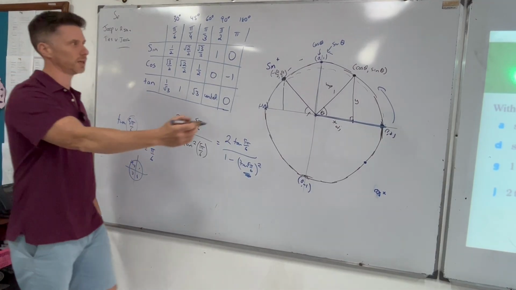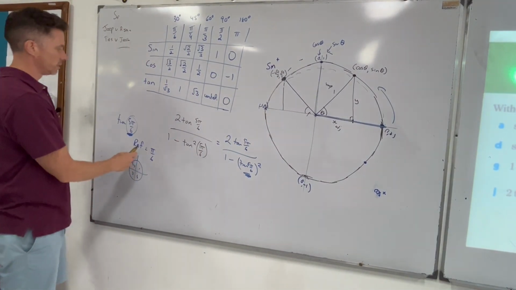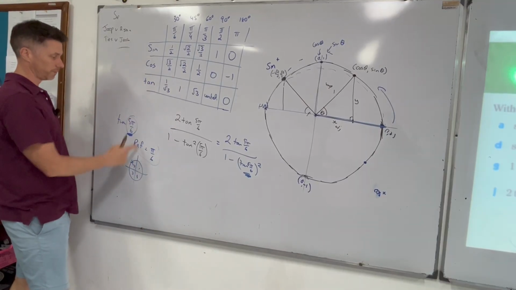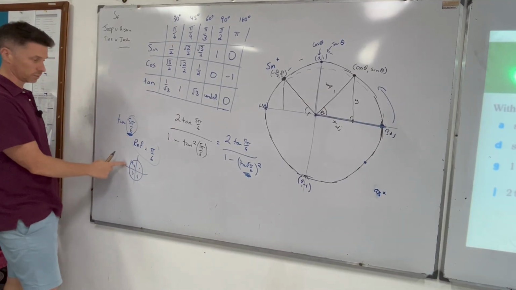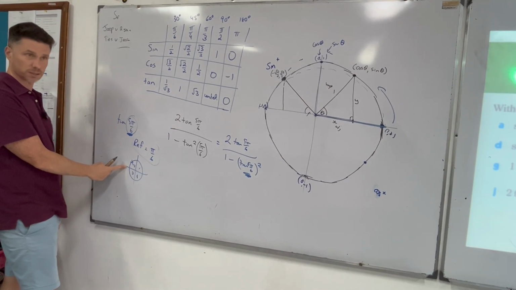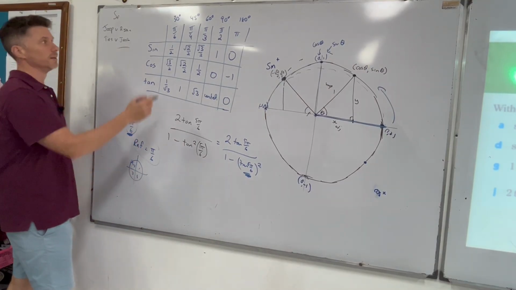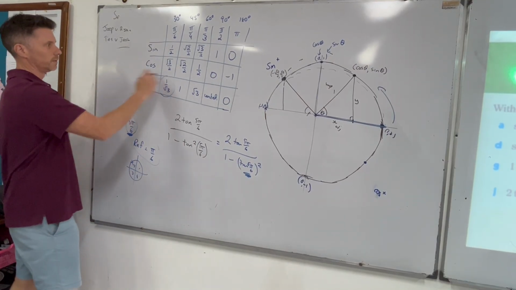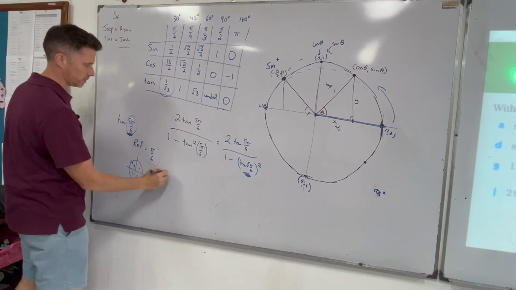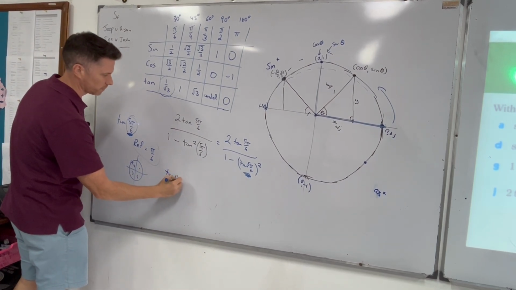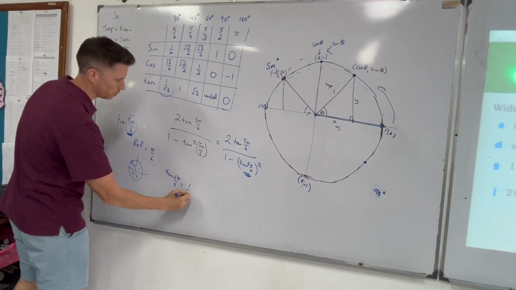So I'm going to use the reference angle number and figure out if it's positive or negative using the quadrants. The reference angle number will be the same number, 1 over root 3, as pi over 6. So tan 5 pi over 6 is 1 over root 3.